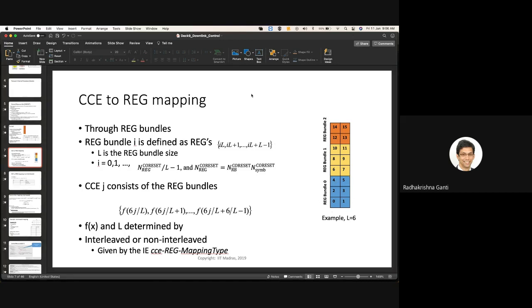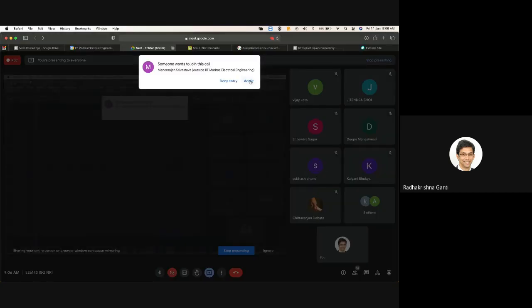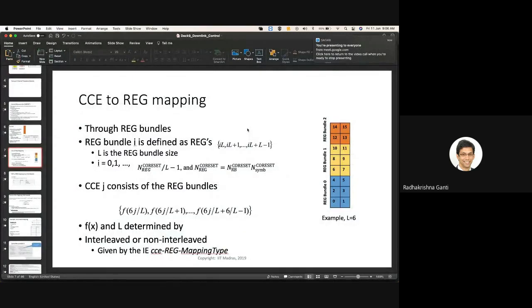If they're contiguous, suppose there's a deep fade. Your channel may become bad in some contiguous set of frequency bins, and then the complete set of REG bundles and the complete CCE will be received in error.